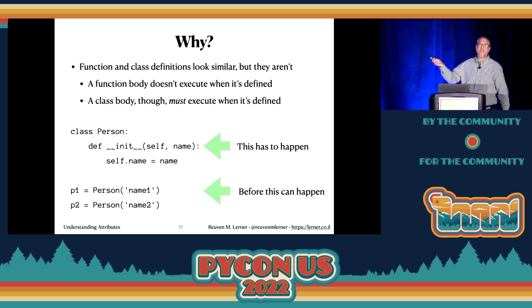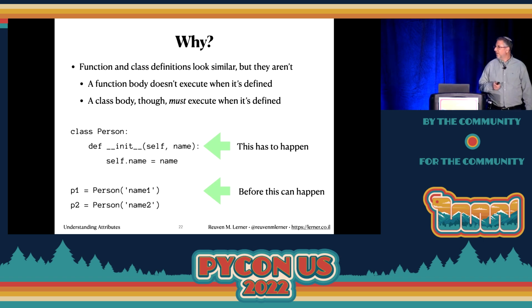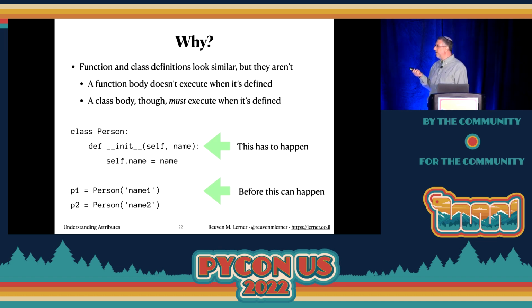Otherwise, there's no dunder_init for us to call on our brand new object. So what that means is that when I define a class, it is executed line by line. But wait a second. In my class, I had def dunder_init. Shouldn't the body of dunder_init run? No, because a function body does not run when you define it. The function body only runs when you actually run it.